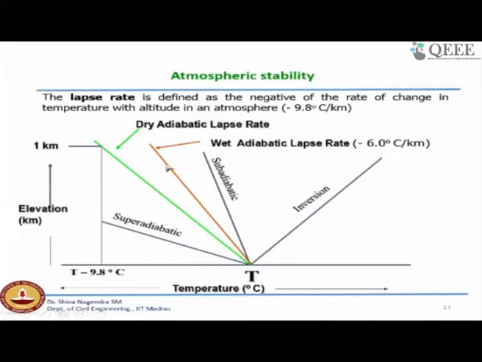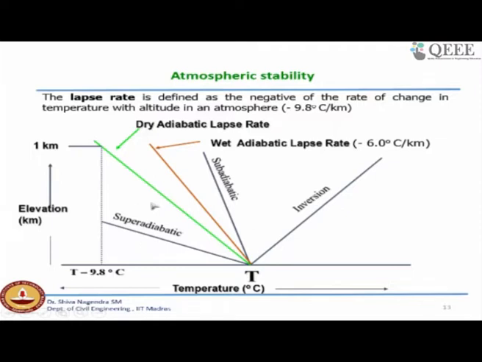Since it has a humidity component, the rise of air or movement of air is much less when compared to the dry adiabatic lapse rate. Depending on that, you can classify the conditions into superadiabatic conditions, subadiabatic conditions, and inversion conditions.